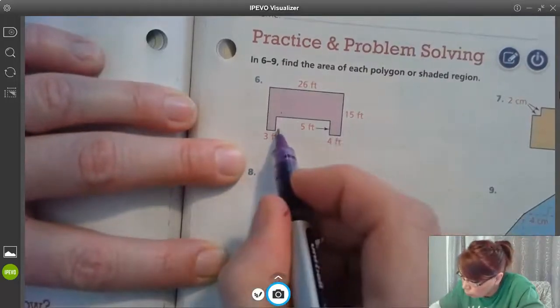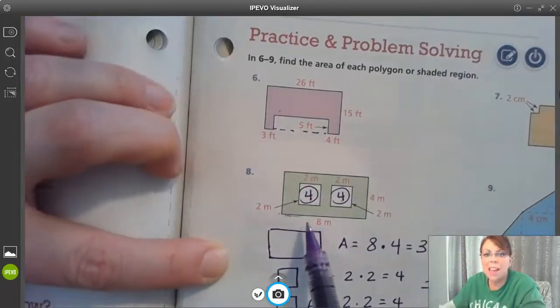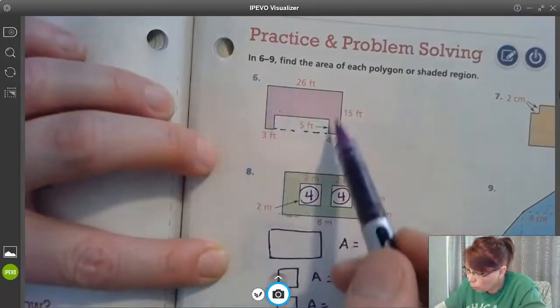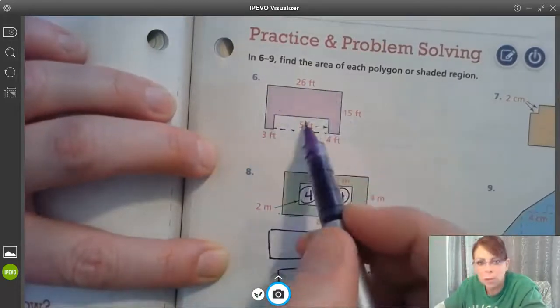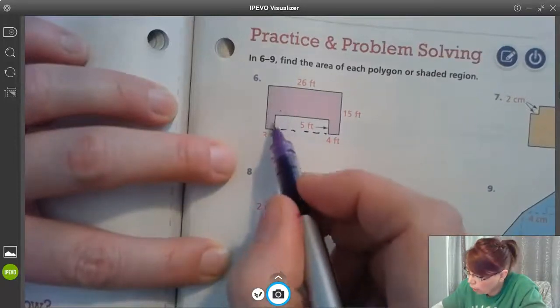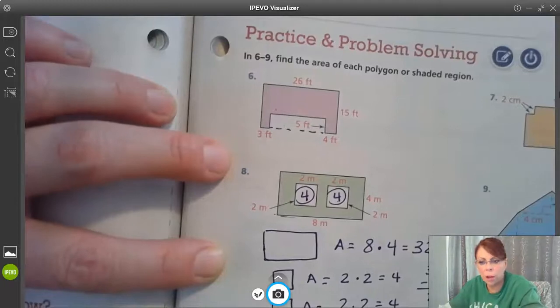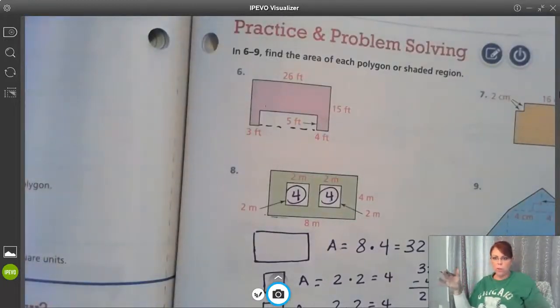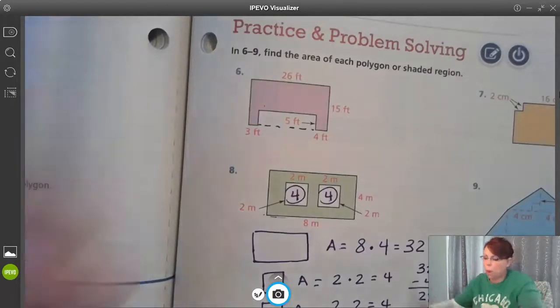Or what you could do, if you were thinking like problem number 8, we could solve for this whole rectangle as if this was all shaded in kind of this purple color, and then just figure out this one rectangle here and subtract it. So I don't know how you solved it. You have a few different options on how to do it. Maybe you weren't thinking about doing it this way that I'm going to show you today, but I want you to start thinking about solving it that way because it's going to cut down on the math problems.